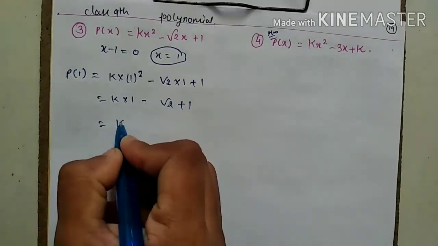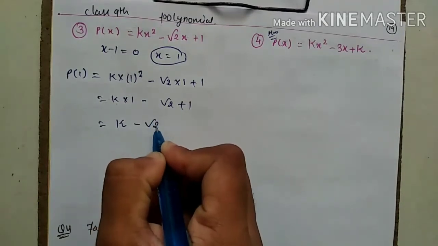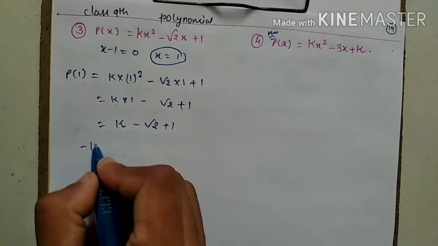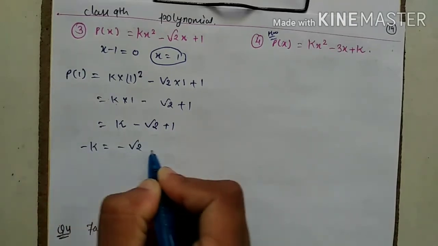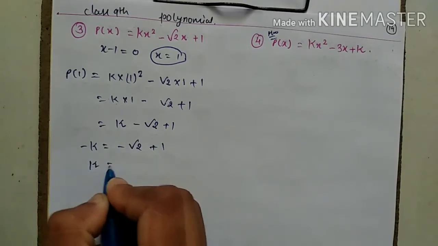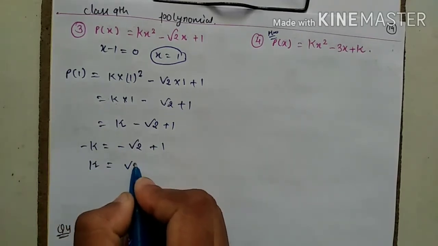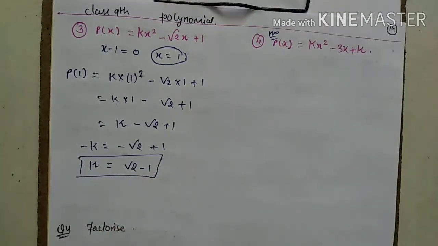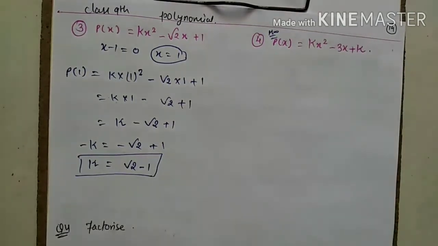So k into 1 becomes k minus root 2 plus 1. I will send this k to this side, so negative k becomes minus root 2 plus 1. On both sides minus is common, so k equals root 2 minus 1. This is your answer. Is it clear? This is the way you have to solve this question.